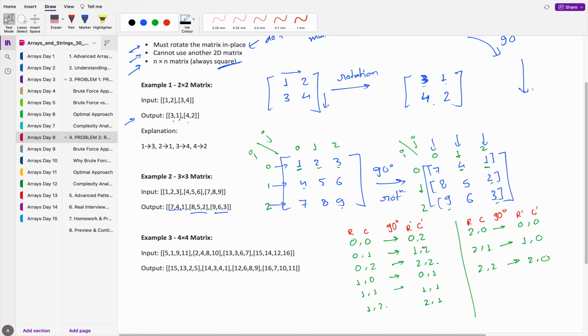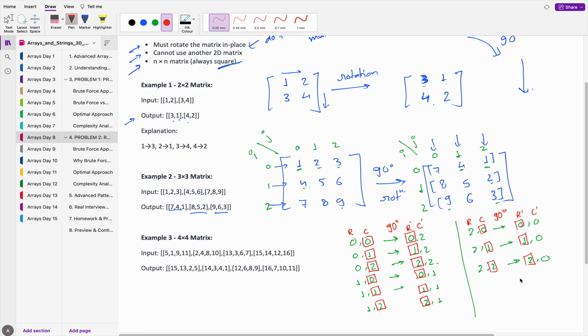Let me show you in a better way. I will show you that later; first let's establish this. Here also you can see 0 0 1 1 2 2.